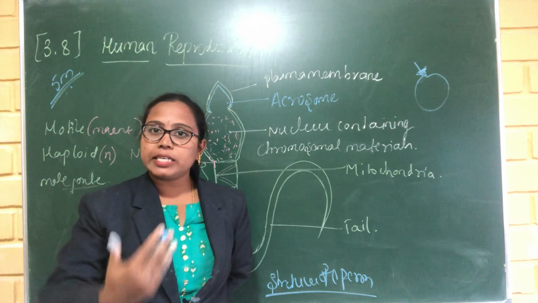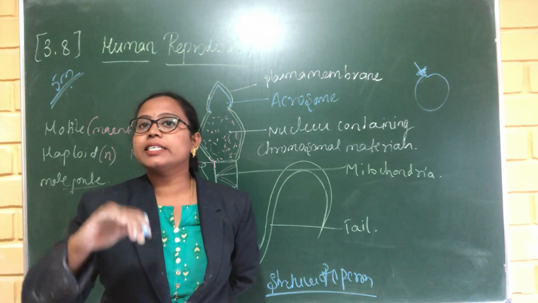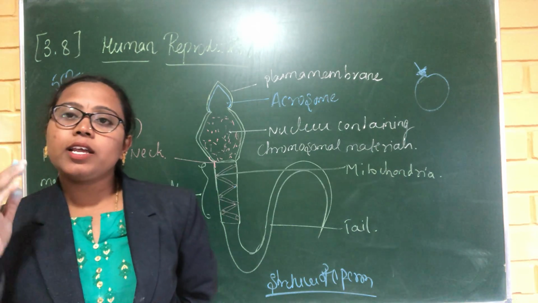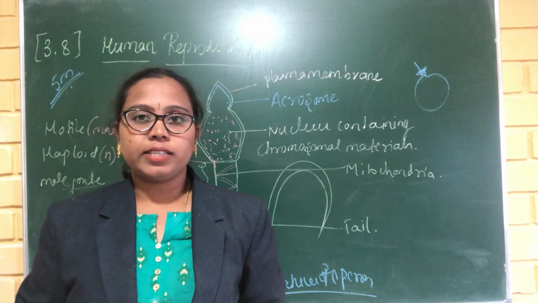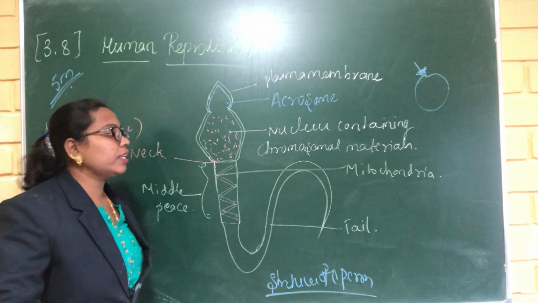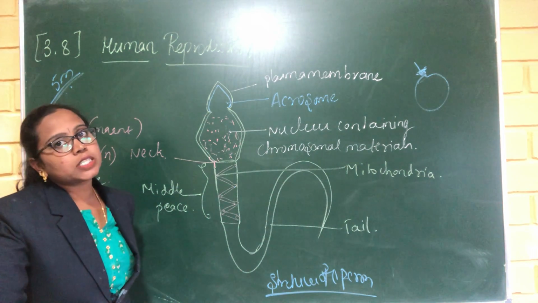With the help of motility, the sperms can reach the female reproductive tract, finally reach the fallopian region, and fertilization takes place there. So the role of the mitochondria is very important in the sperm.